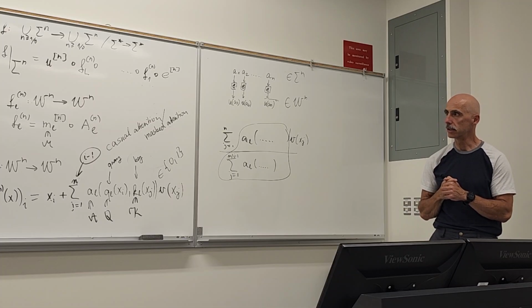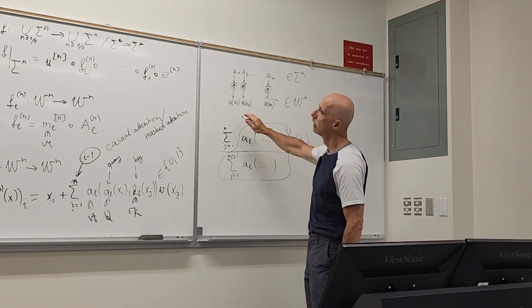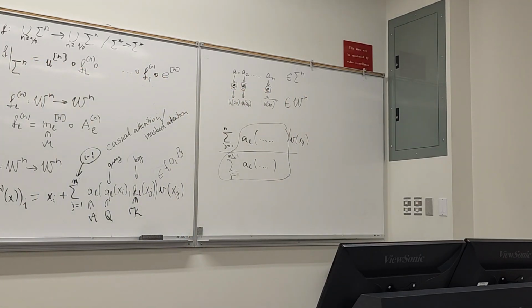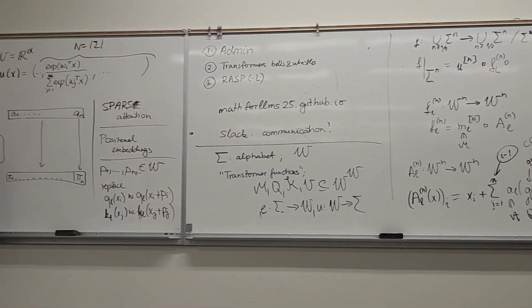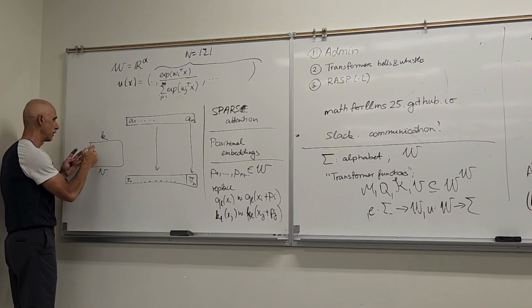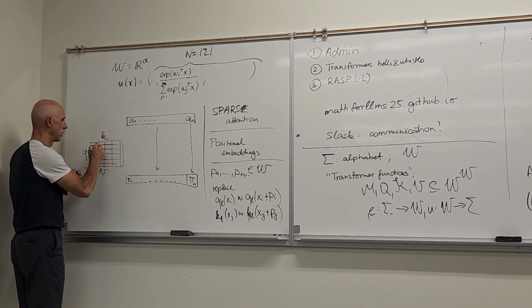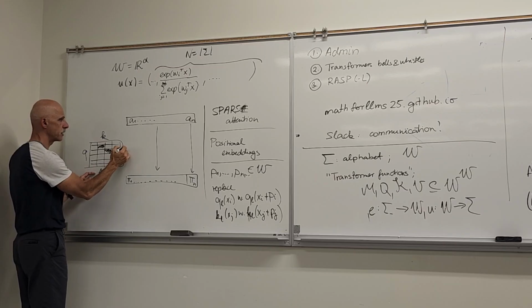Okay, what am I missing? In this picture, it's impossible to draw because there is this matrix, right? Sometimes people draw this: you calculate keys and queries and values, and then you fill out this attention pattern of I'm attending here, and then you collect the corresponding values, and this value goes here, and this other value goes there.